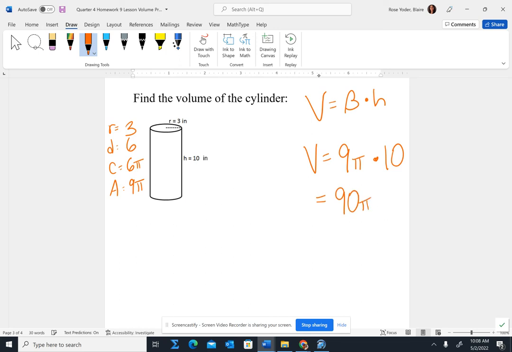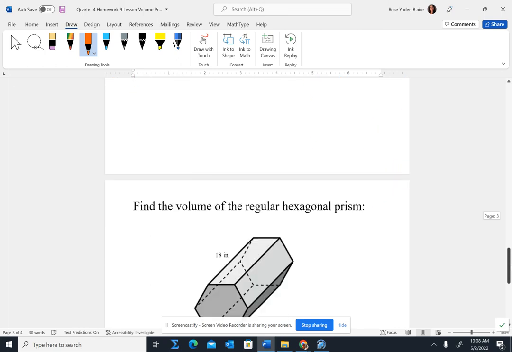So 90 pi cubic inches. We're used to filling stuff up with gallons. So if you wanted to, you could look up how to convert cubic inches into gallons to see how much these containers can actually hold.